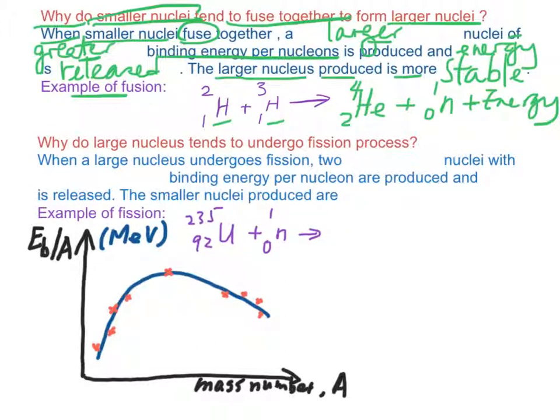To explain nuclear fusion by the graph of binding energy per nucleon with mass number, when hydrogen-2 fuses together with hydrogen-3, the helium nucleus is produced.